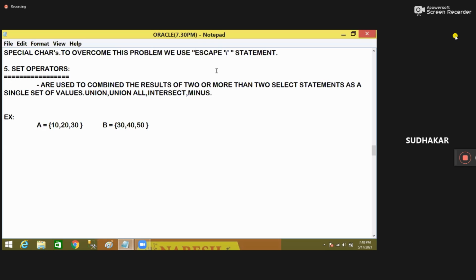In these two sets, the first one is A union B, if I'm using the union operator.